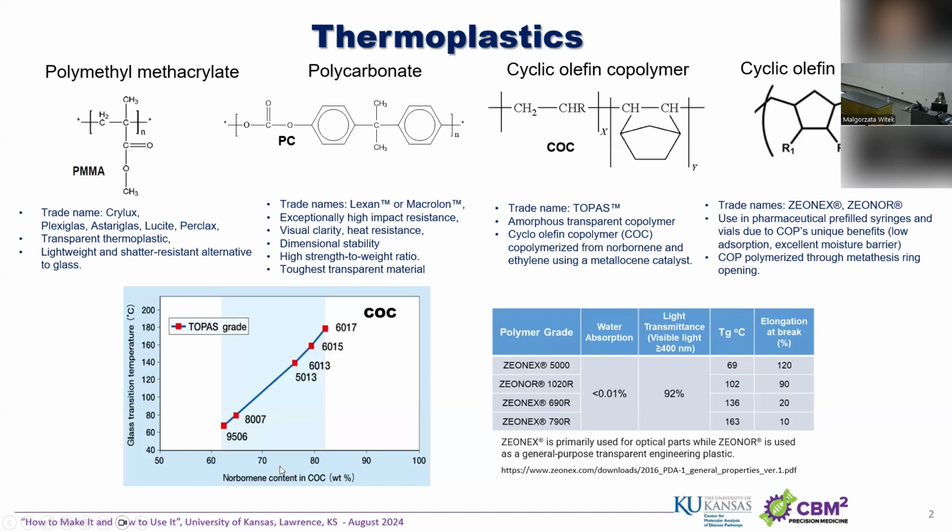There are very interesting consequences as a result of this different composition of norbornene and polyethylene. And there is a family of cyclic olefin polymers, COP. The COC is mainly sold under the trade name Topas, when you hear that, and for COP, that would be Zeonex.